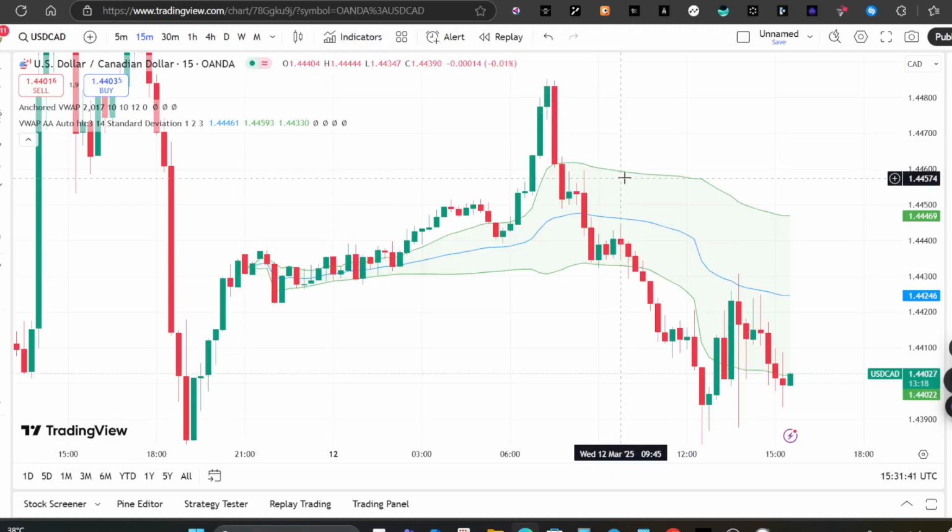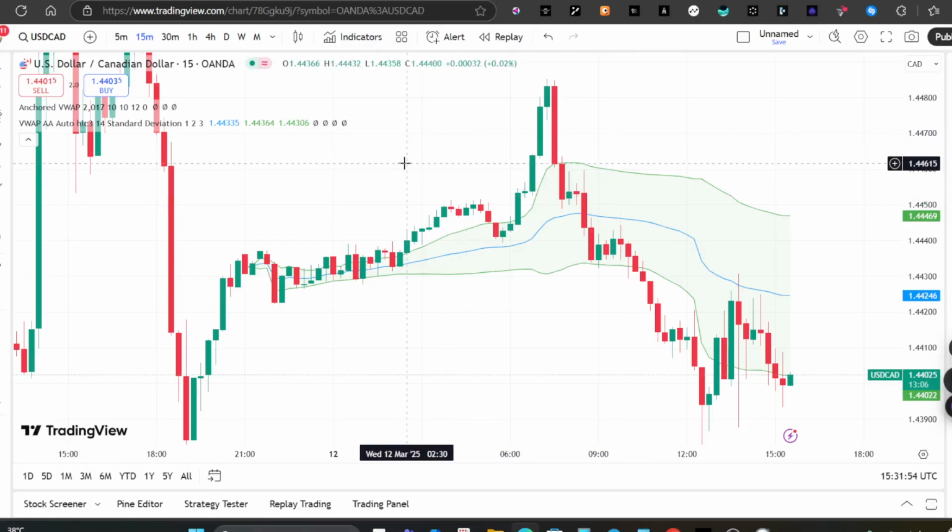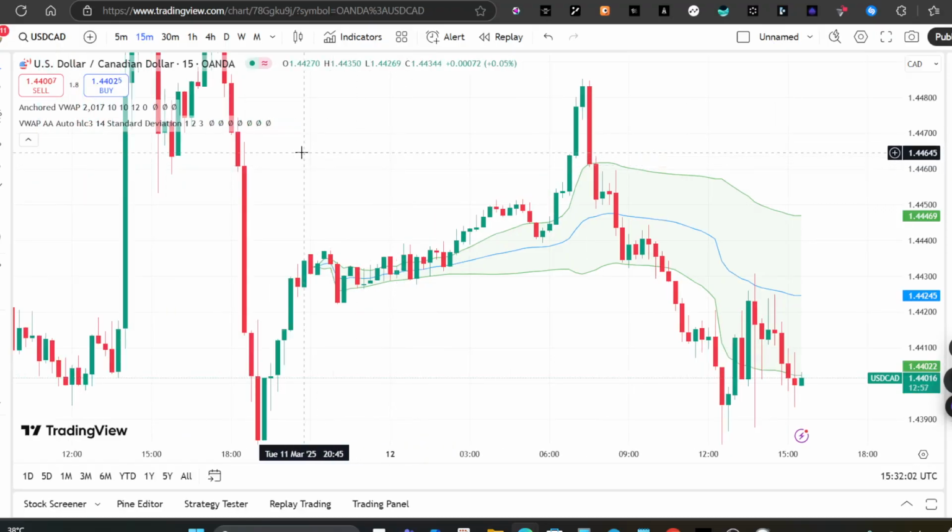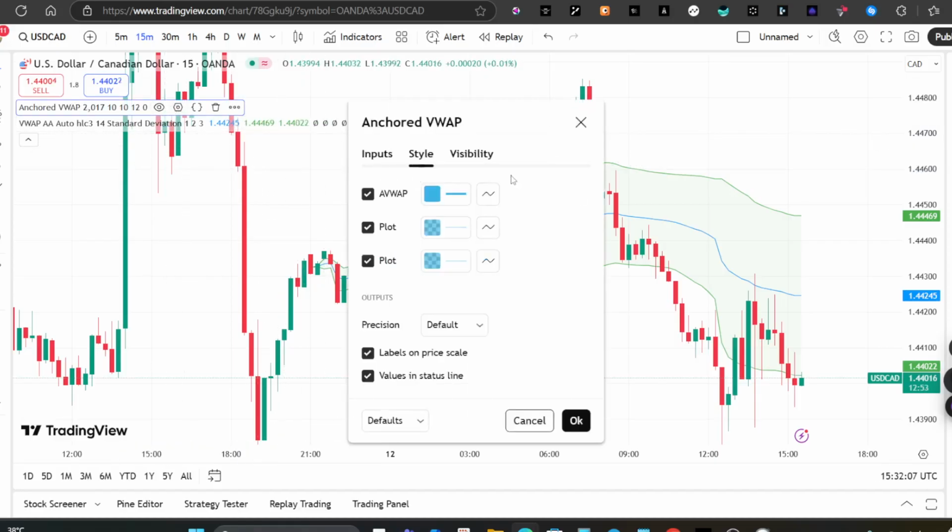Now, the next step is choosing the right anchor point. Okay, the key to using anchored VWAP effectively is picking the right anchor point. So here are some of the best spots to anchor from. You can anchor from major swing highs or lows. Okay, these levels act as key turning points. You can also anchor from breakout points.